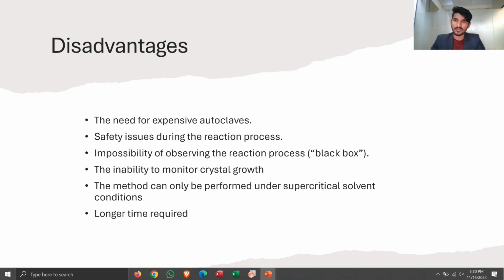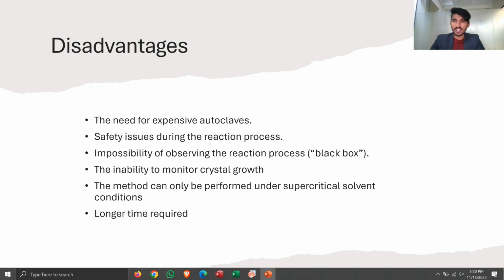And furthermore, the method can only be performed under supercritical solvent conditions. So for the hydrothermal synthesis, you have to achieve the supercritical conditions for the solvent in order to form nanoparticles with perfect size, perfect porosity, and perfect shape distribution. The final disadvantage is the longer time period.